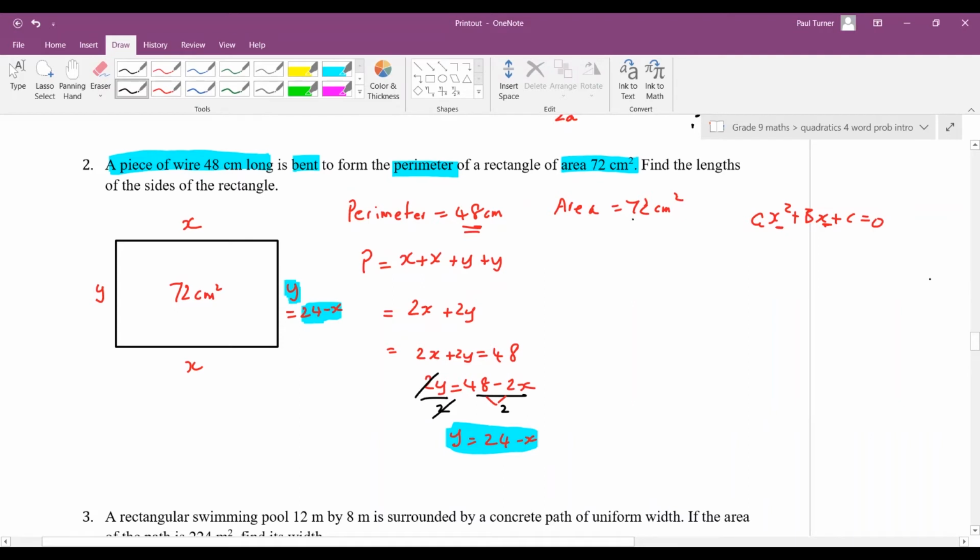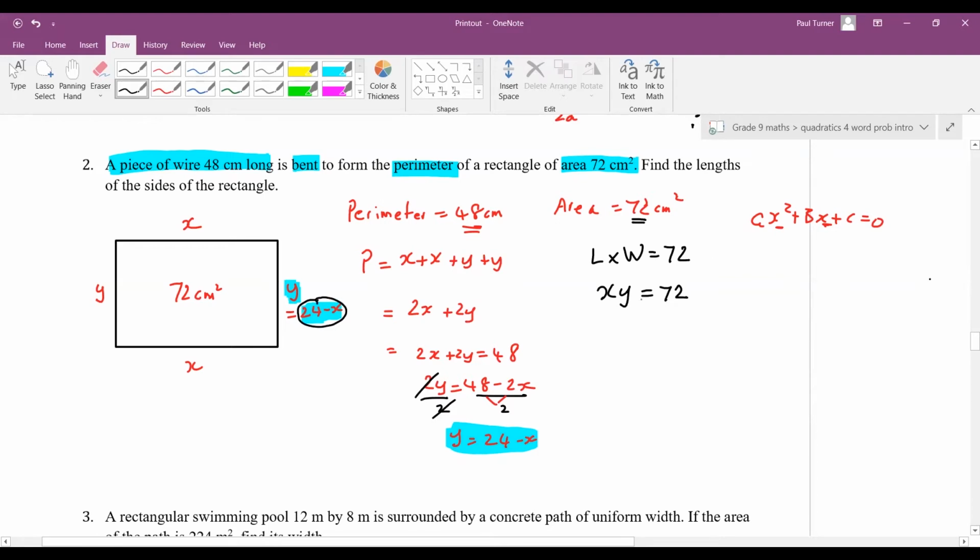So then I'll go over here, and I notice that my area is 72. And we know length times the width is 72. And in our case, that was x times y, wasn't it? So xy is 72. So instead of using the y, we're going to use 24 minus x.